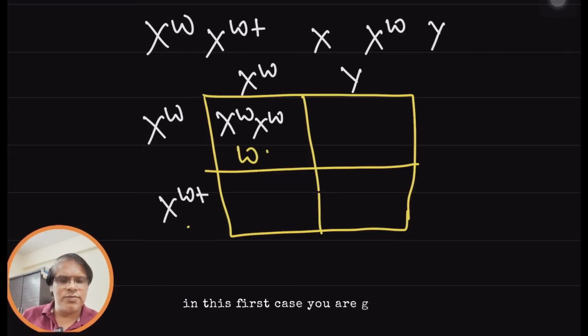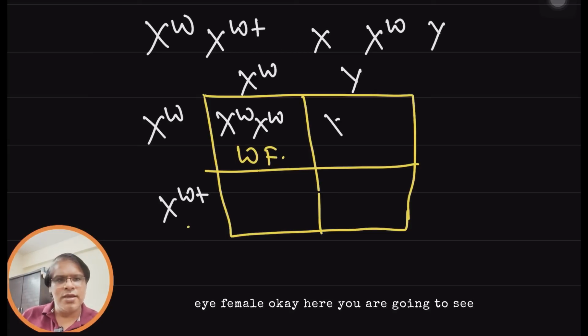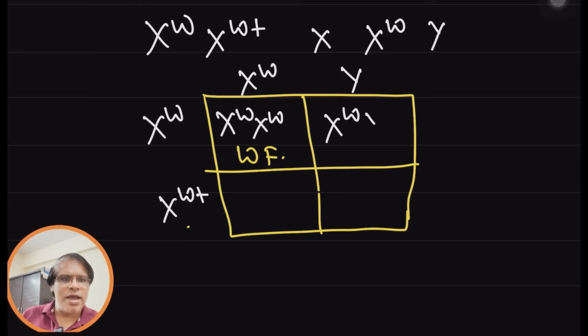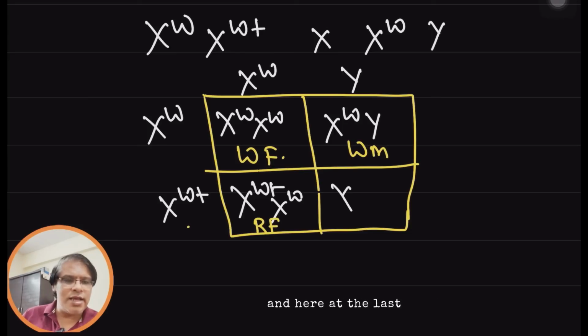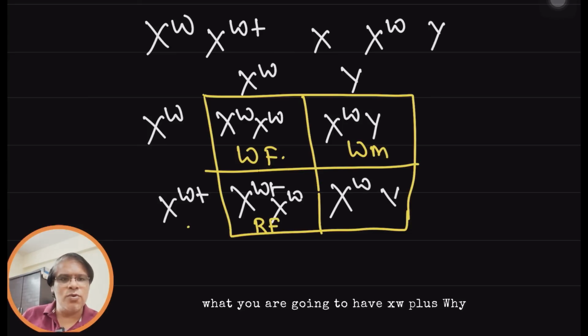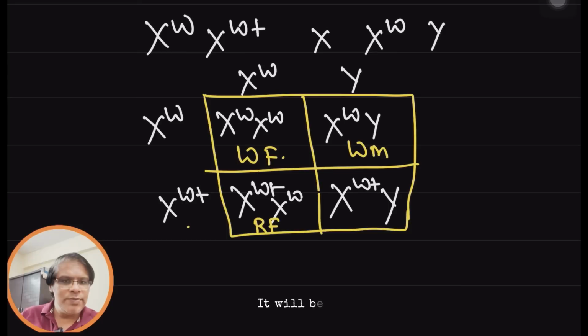In the first case you see a white-eyed female. Here you see XW Y, so it is a white-eyed male. Here XW+ XW is a red-eyed female, and at the last XW+ Y will be a red-eyed male.